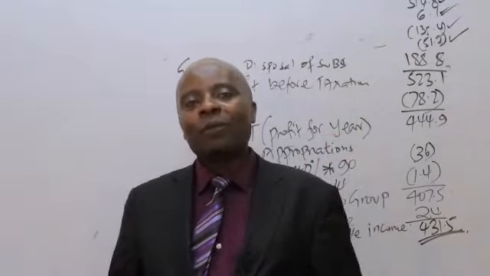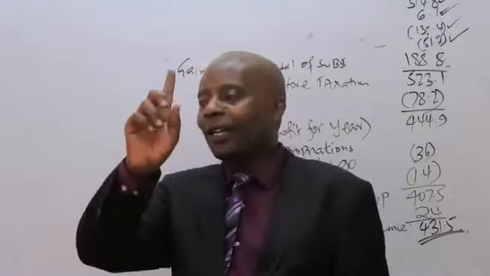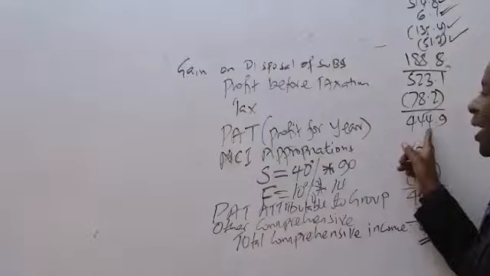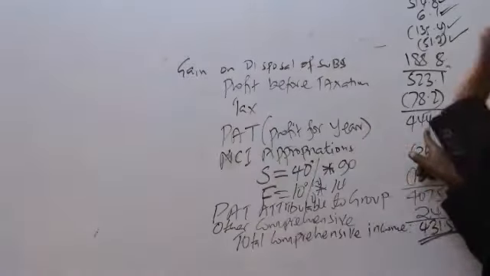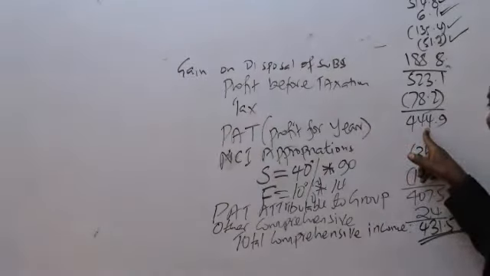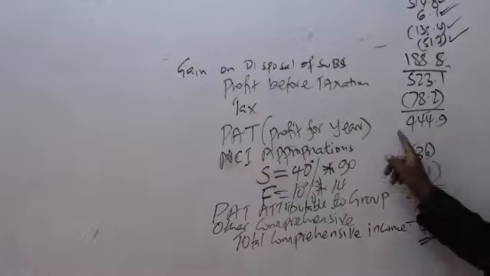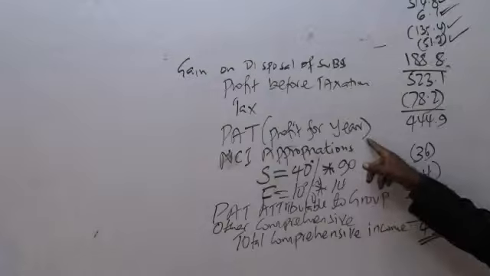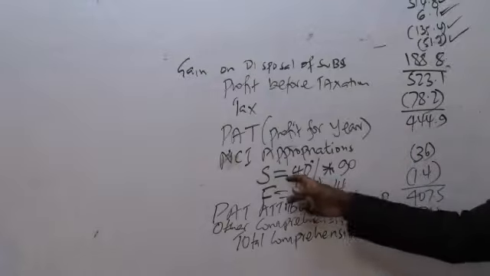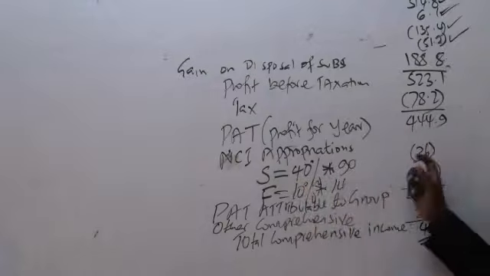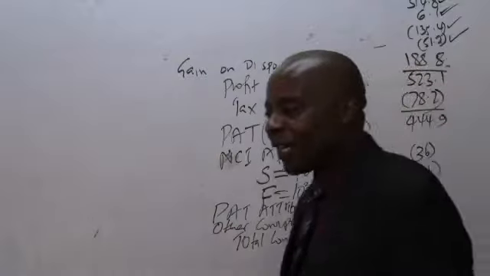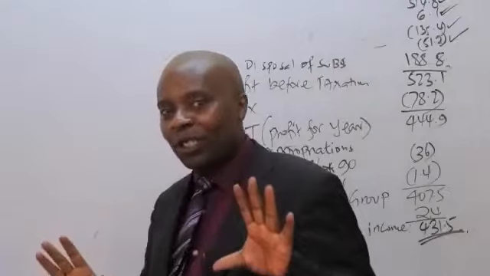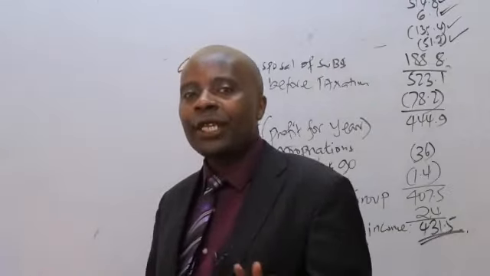Once you have the structure in your mind, you can even skip. I am smart. I can skip and say profit after tax for the year, I leave it blank at first. I just skip. Then I come and say, for example, part attributable to NCI. I take the NCI percentage. I will pick up my marks. Once you know the approach, it is the question that you need to start with.